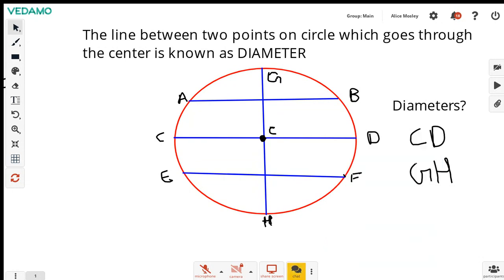Perfect. Now if I tell you the distance between center and D is, if I draw it like this, the distance between center is 3.